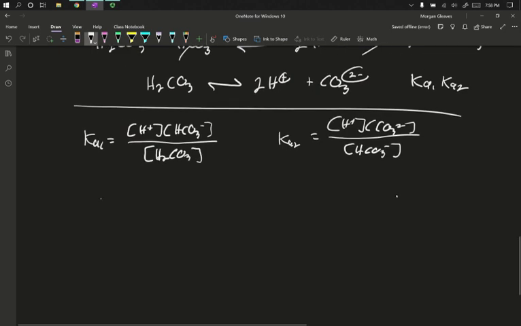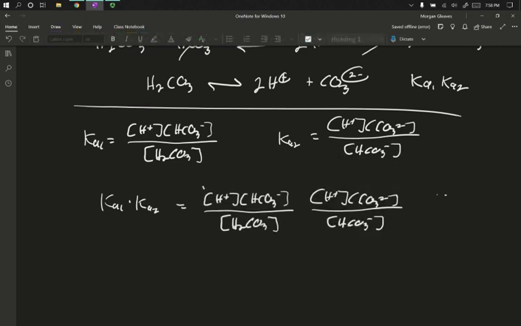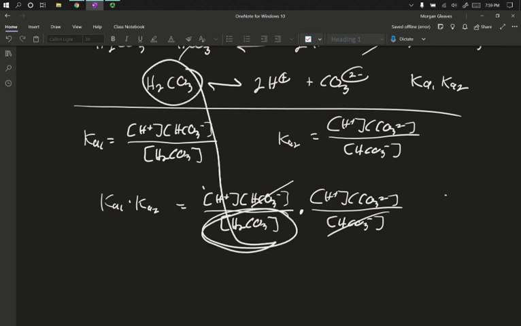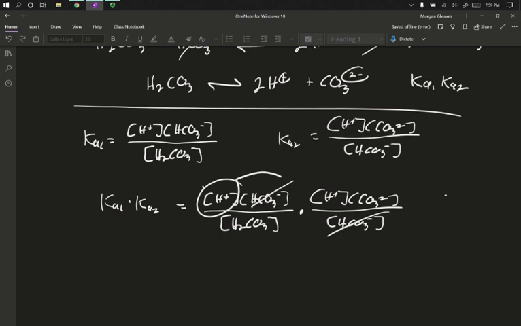Multiply both sides of these together, your Ka1 times your Ka2 equals your two equations multiplied together, which again will cancel out your bicarbonates and give you H2CO3 on the bottom as a reactant, two H+ concentrations as a product, and a carbonate concentration on top as a product.